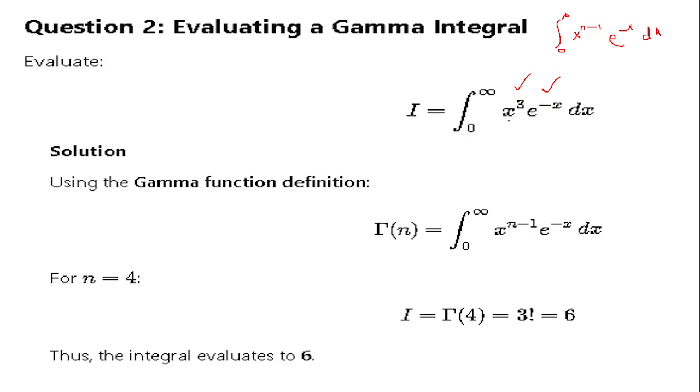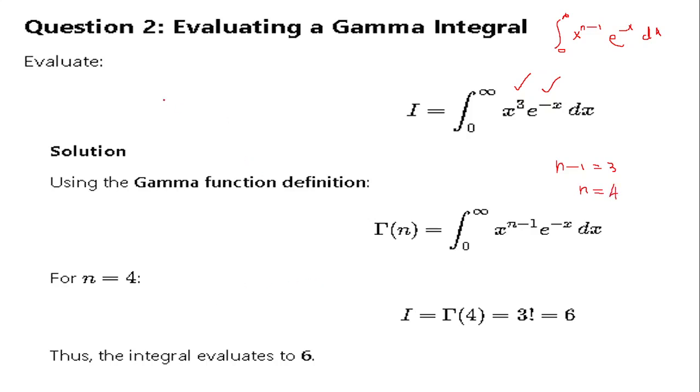If we compare now, what value must we put here to get 3? n minus 1 is equal to 3. So n is equal to what? 4. Correct.